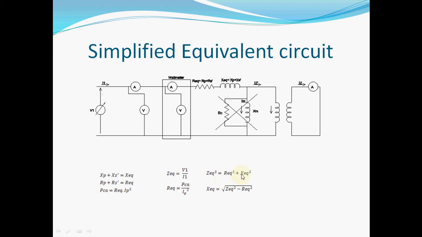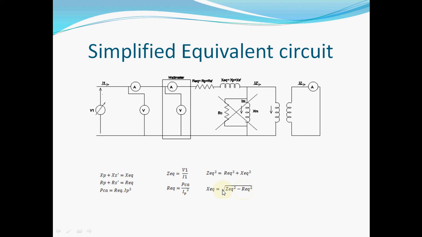So we can get the value of the equivalent reactance as can be seen here. Equivalent reactance is equal to the square root of the square of the equivalent impedance minus the square of the equivalent resistor.